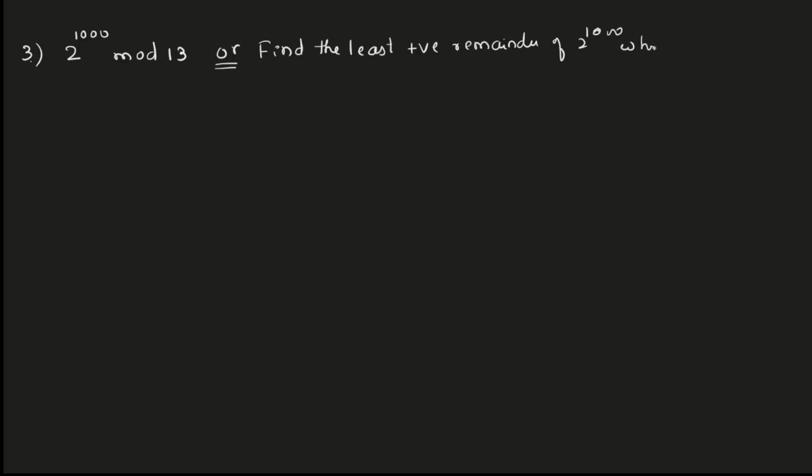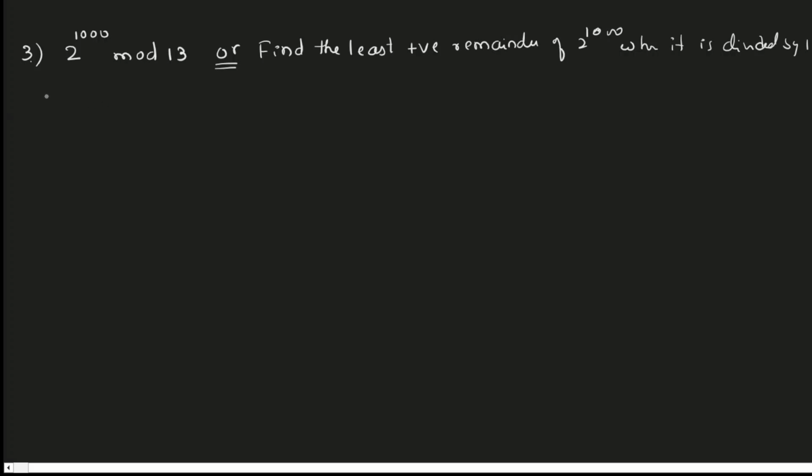It is: find the least positive remainder of 2 raised to 1000 when it is divided by 13.